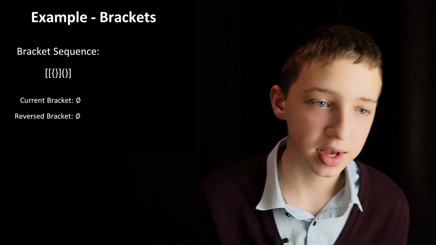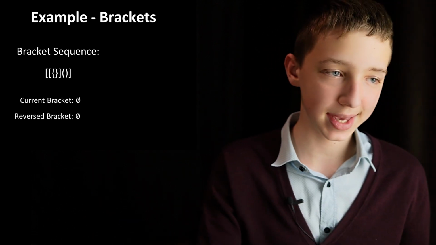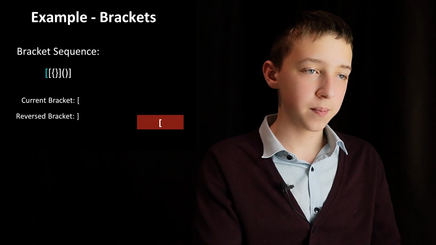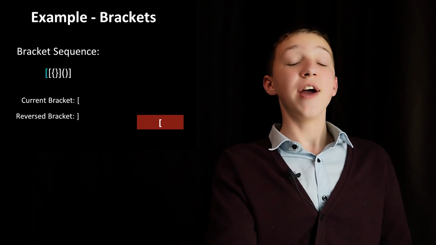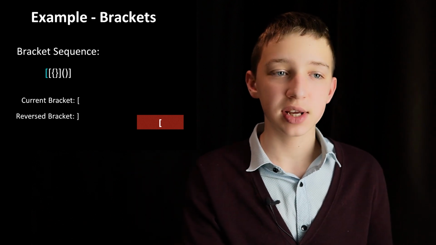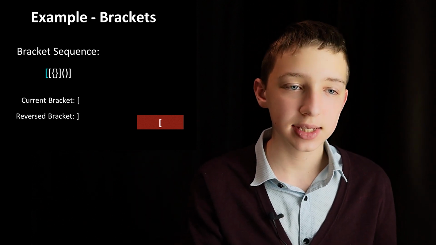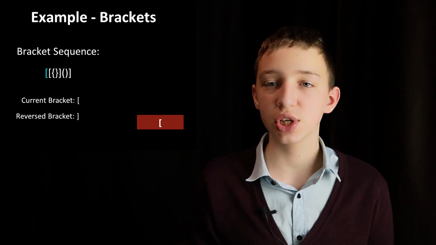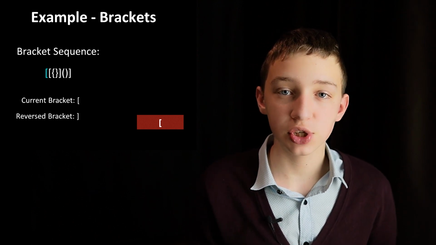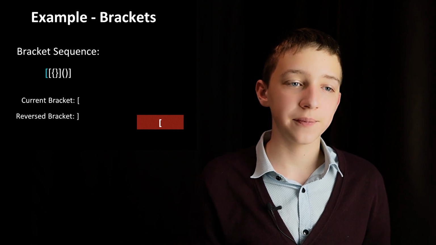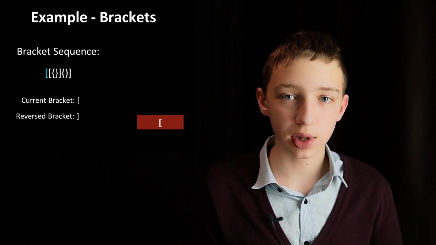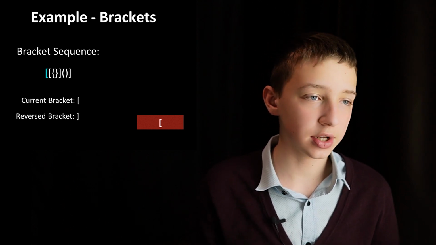That's pretty simple. Let's begin. Let's process the first bracket. That is a left bracket, and for every left bracket, let's simply push it to the stack. This left square bracket is highlighted in blue.